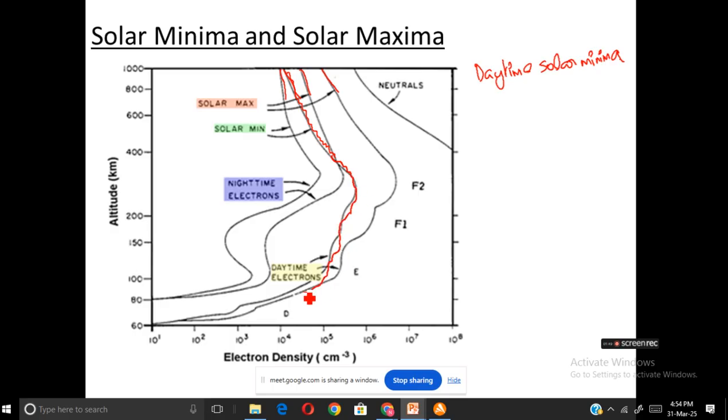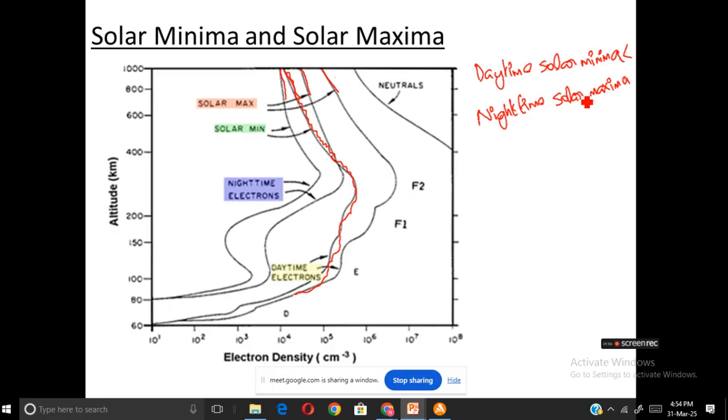The daytime solar minima is actually less than the nighttime solar maximum. So when the solar minima is going on, or the sunspots are minimum, even if it is daytime, the values are less than the nighttime solar maximum.